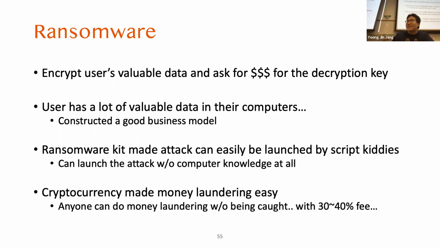But the rise of cryptocurrency supports easy money laundering. You can do the money laundering with a few clicks if you pay a 30 to 40% fee. Because hackers can anonymously receive cryptocurrency, ransomware can be launched individually. So many people run ransomware activity, and that's why we are seeing a lot of victims here.